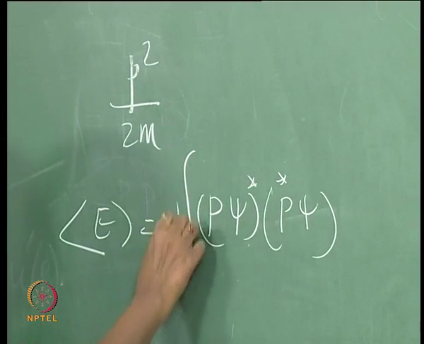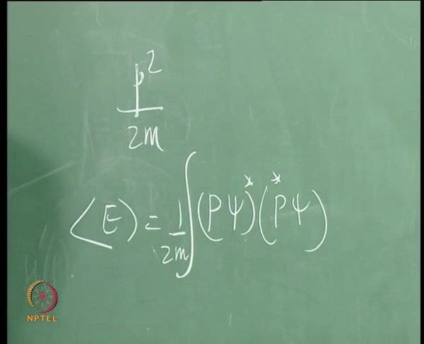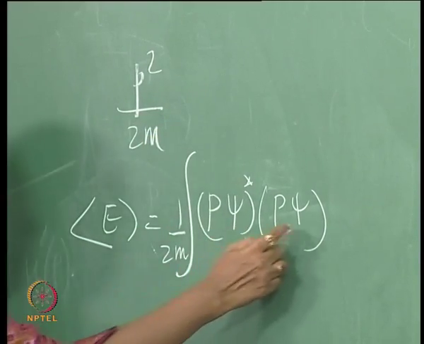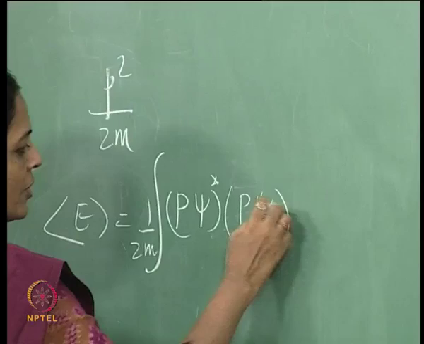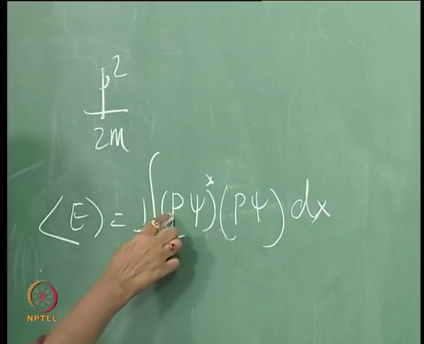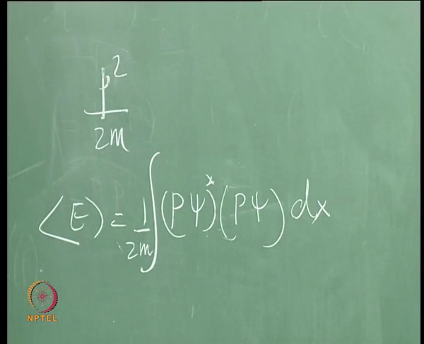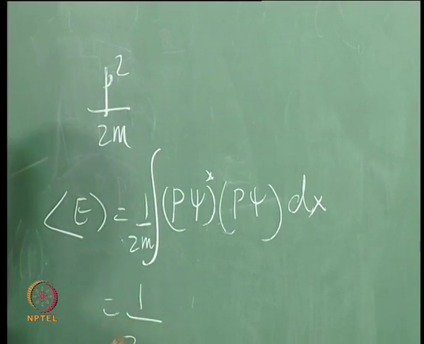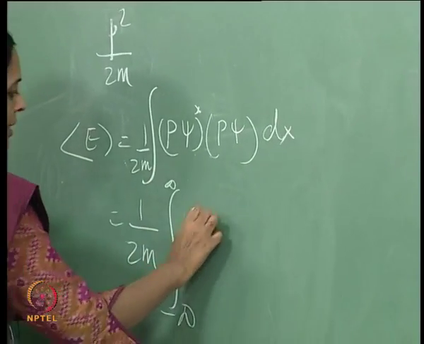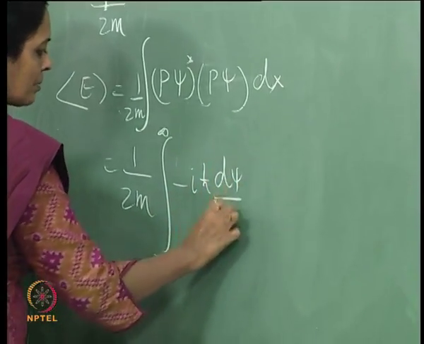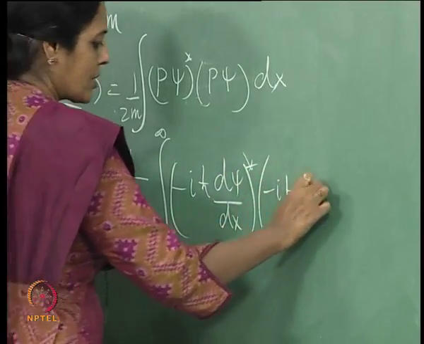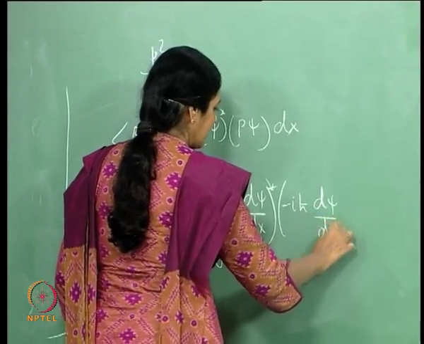Since that had a p squared by 2m, I can pull out the 1 by 2m, and I would just have p psi star p psi, and this is all a function of x, and therefore I have dx, where p itself is minus i h cross d by dx. So the expectation value of energy is the integral from minus infinity to infinity of minus i h cross d psi by dx star, times minus i h cross d psi by dx.